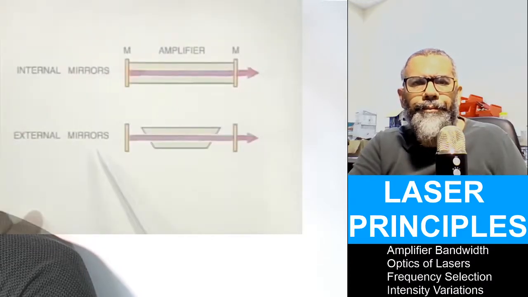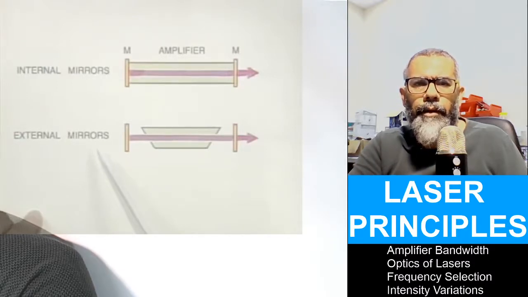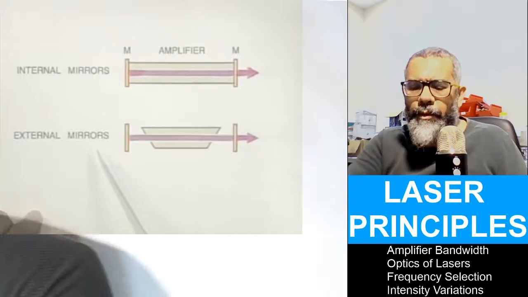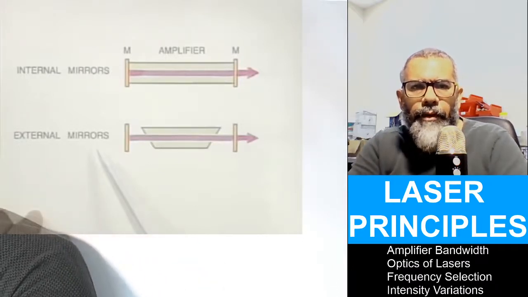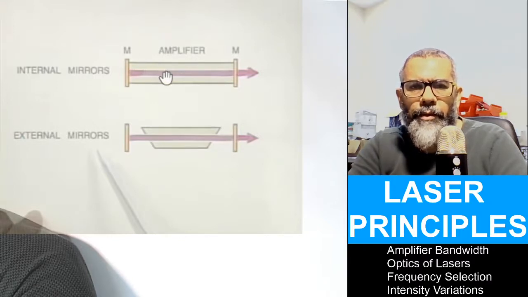We have talked about that the laser first has to have at least two mirrors to form the optical resonator, and in between we have the amplifier over here. What the amplifier does is that it amplifies the light. We have talked about this.